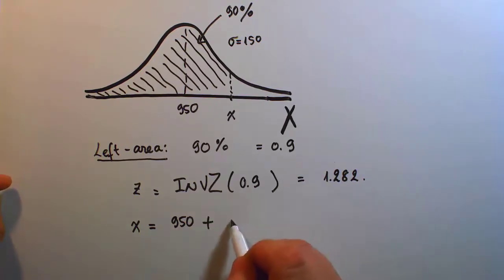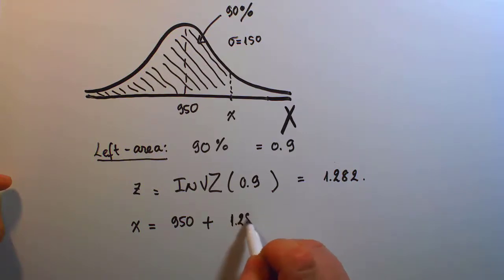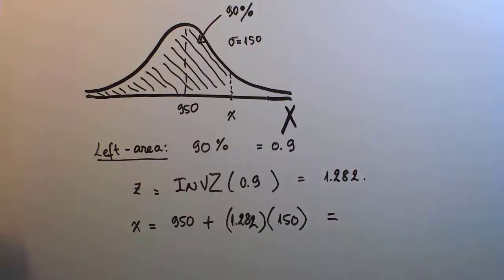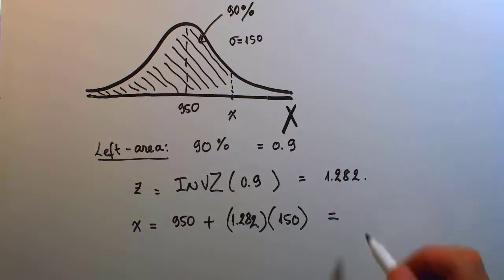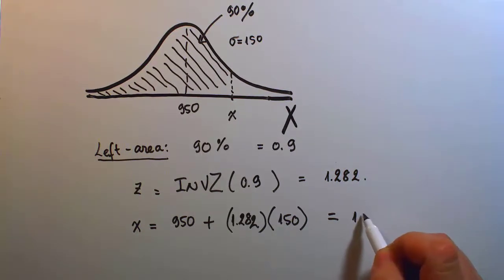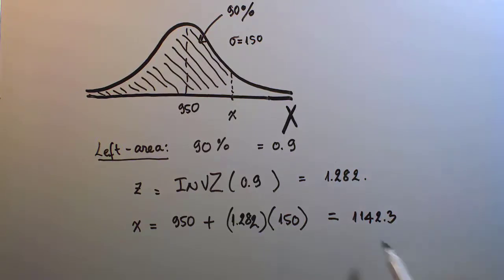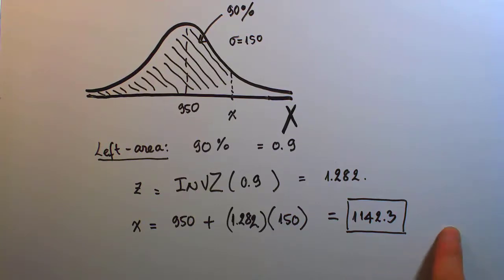I am going to add the z-score that we found, 1.282, multiplied with the standard deviation of the bell curve, 150. The final calculation will come out being 1,142.3. Like I said, I'm just using the value that comes straight out from the calculation, but be aware of different rounding requirements in every problem here and there.